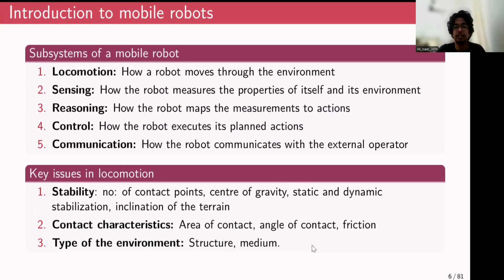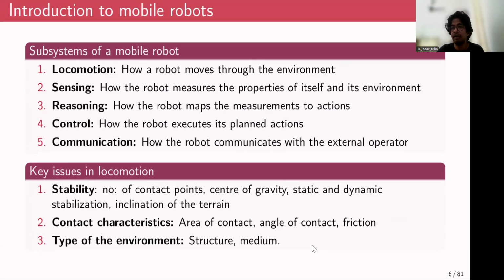So in case there is a level difference, or a length difference in each of these legs, only 3 points will be in contact, and the fourth point, depending on where the entire weight is concentrated, the table can wobble. The same thing can also happen with mobile robots with more than 3 wheels, right? So if there is a level difference, only three wheels will be in contact at an instant.